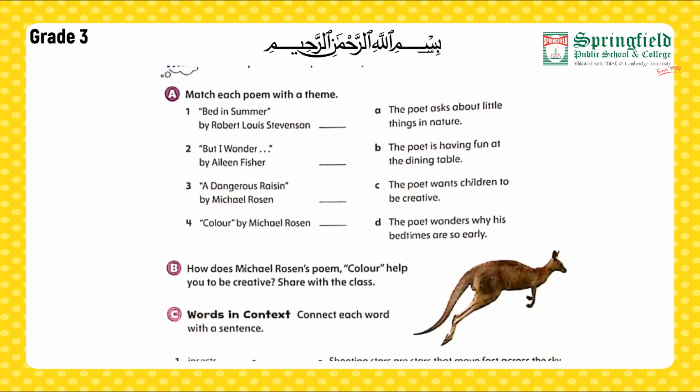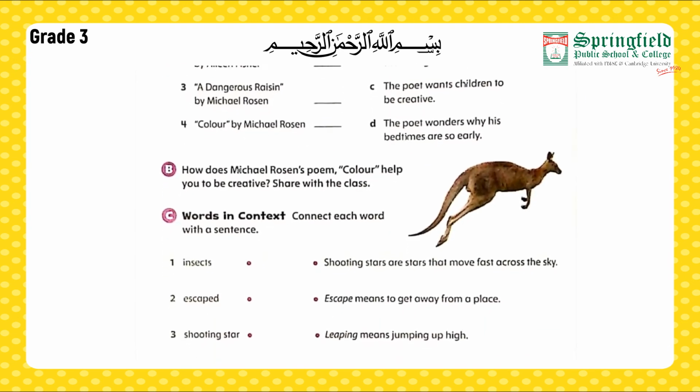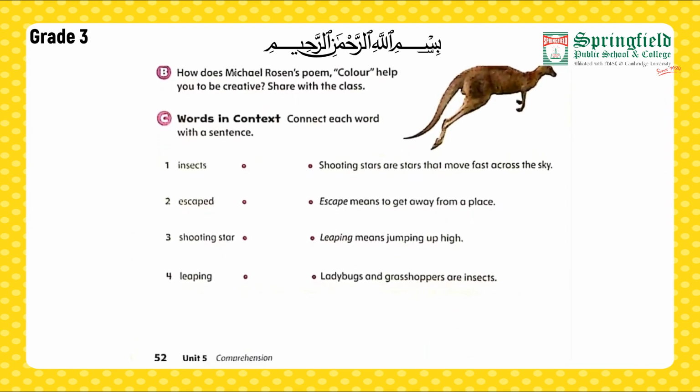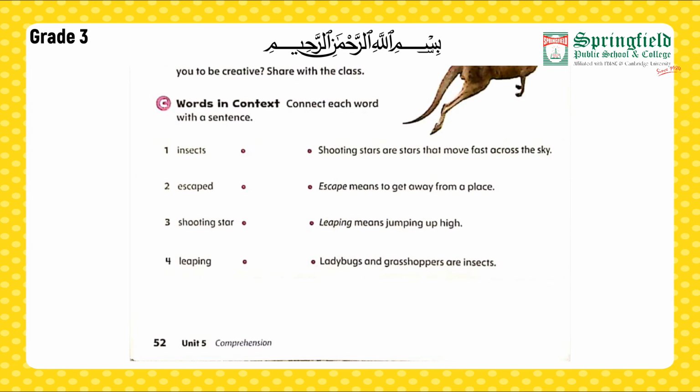Moving down towards our part C, words in context. Connect each word with a sentence. Now here we have been given 4 words and we have to connect them with the appropriate sentence. So our first word is insect. Now insects can be connected to shooting stars or stars that move fast across the sky.